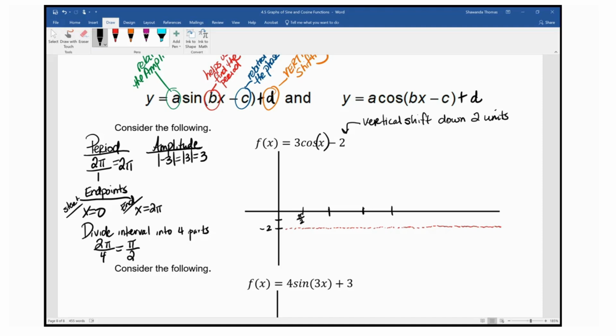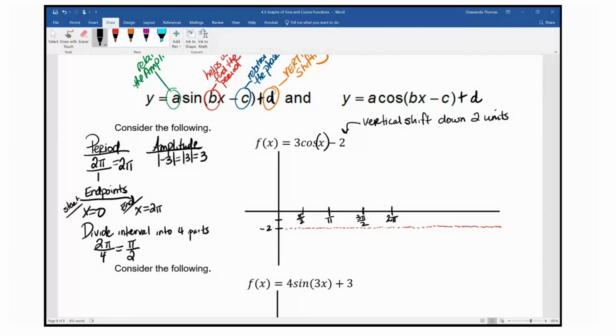What do we get when we add pi over 2 to pi over 2? 2 pi over 2. So it's like we're saying 1 pi over 2, 2 pi over 2, 3 pi over 2, 4 pi over 2. So we ended at 2 pi where we wanted to end.